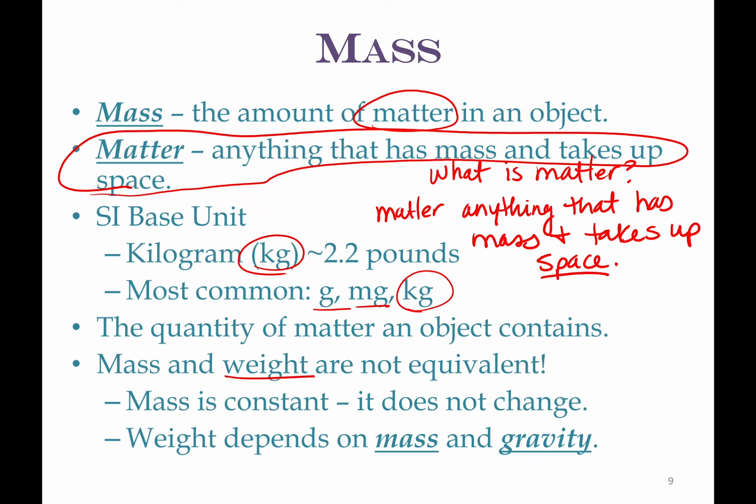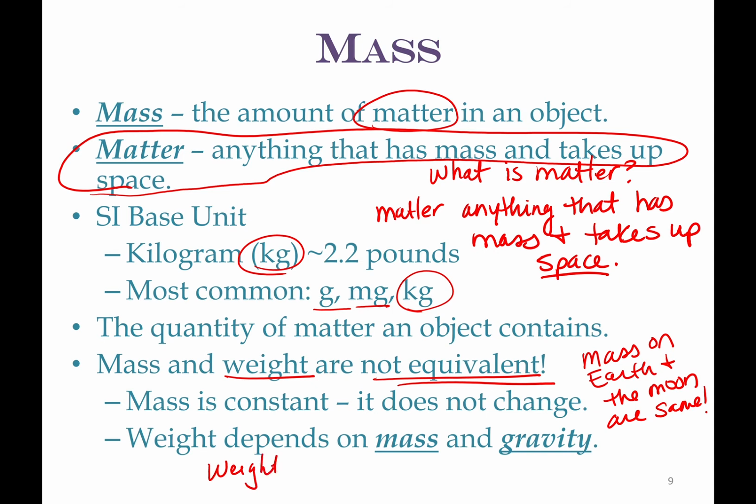Mass and weight are not equivalent, especially if you're talking about space science. So mass is constant. It doesn't change. If I take my mass here on Earth and on the moon, they are the same. But my weight on Earth is higher than on the moon.